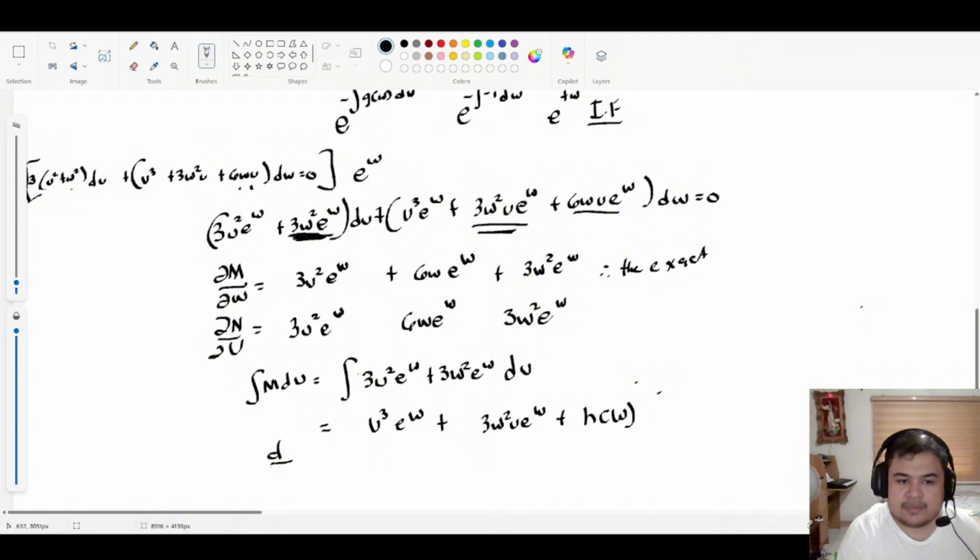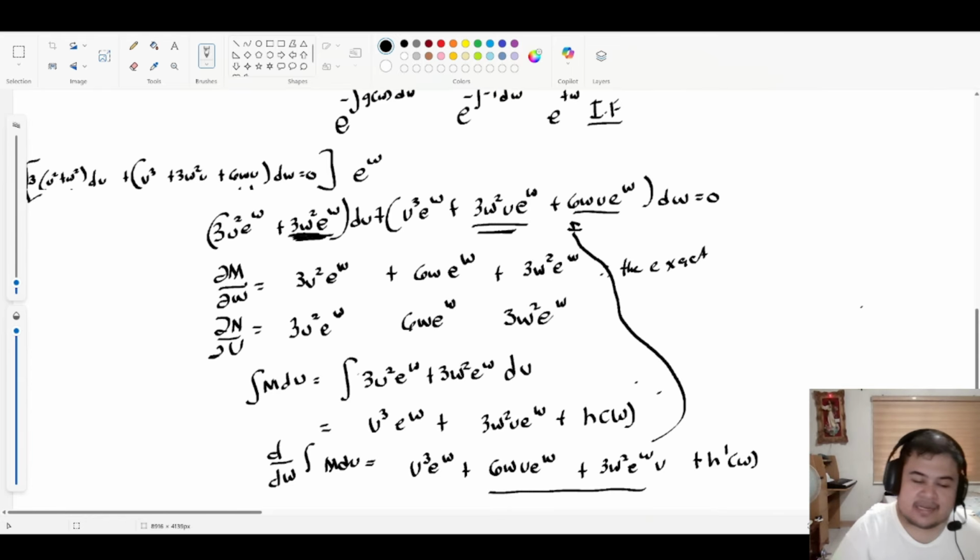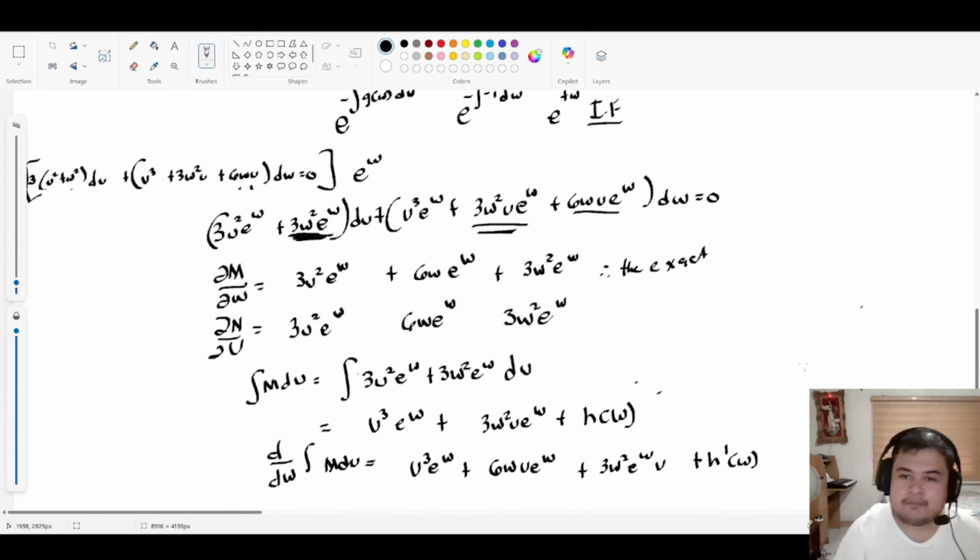Then differentiate that with respect to the opposite variable. So with respect to w, that becomes u cube e to the w plus 6w u e to the w plus 3w square u e to the w plus h prime w. And basically that's the same as your n, right? If that's the same as your n, meaning your h prime is equal to 0. If you integrate that, that will become a constant.